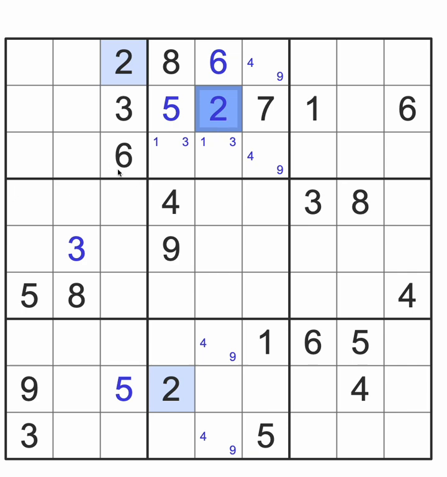Gives me 2. And now this row is missing 4, 8, 9. 4 and 8 block this cell. Gives me 9. And this cell is blocked by 8 here. So this is 4 and this is 8.